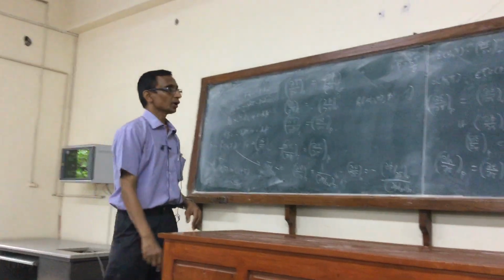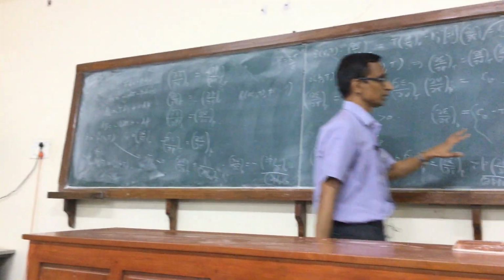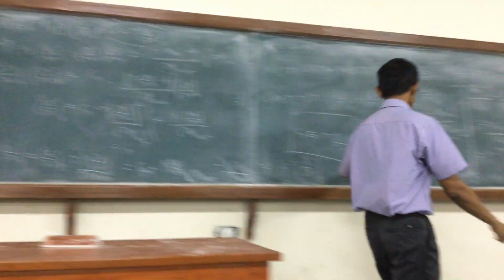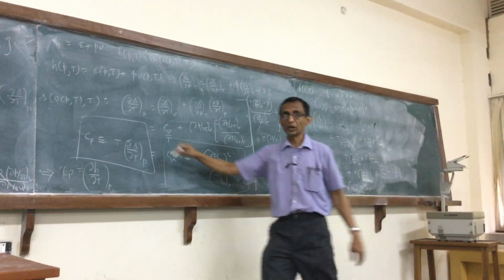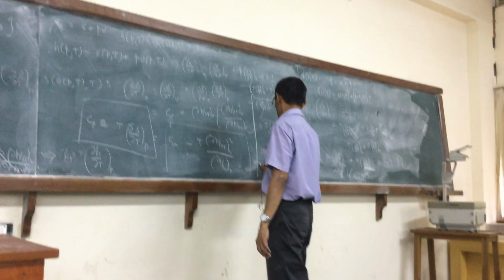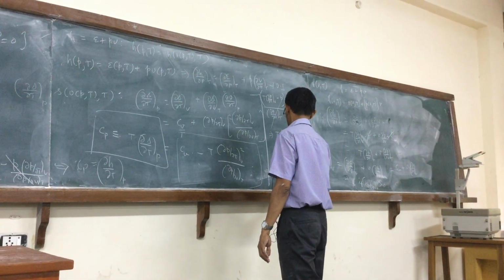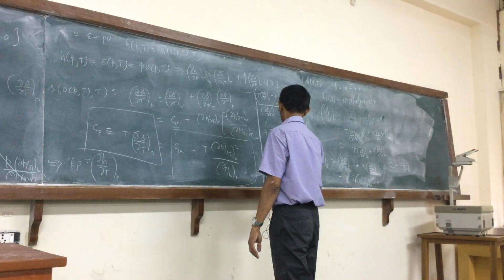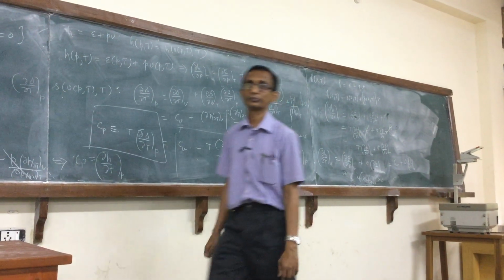Right? So now the important relation is this Cp, which I could define like this, and it gives rise to this. You can easily show that Cp minus Cv of the ideal gas is equal to R.